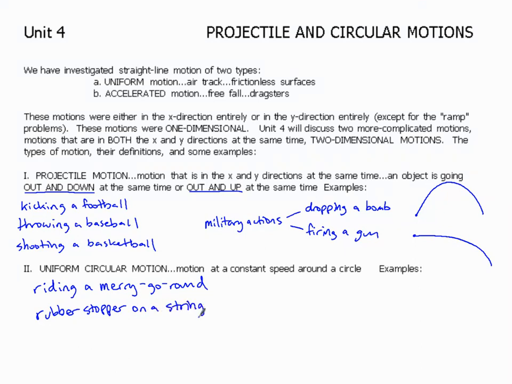When you move it around, the rubber stopper will travel in a circle. There's also examples of a car rounding a curve. Now, this one is not an entire circle, but for some period of time, it is moving at a constant speed, and it is in a circular motion.